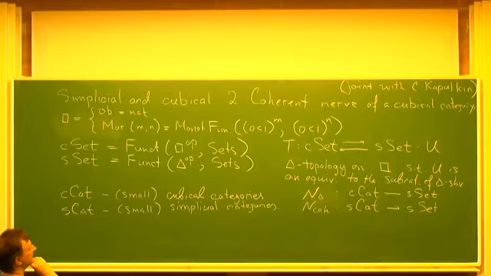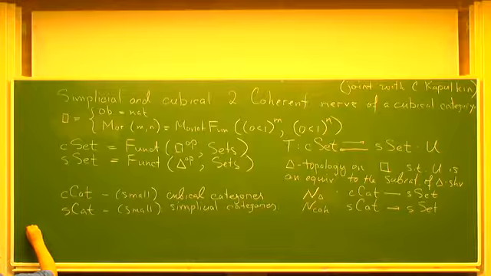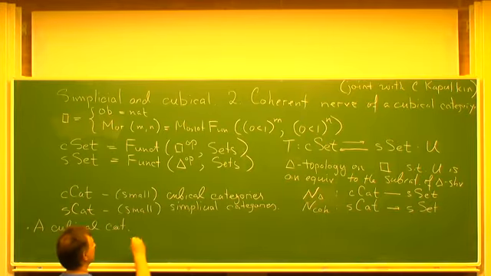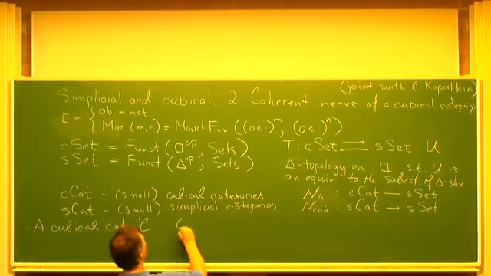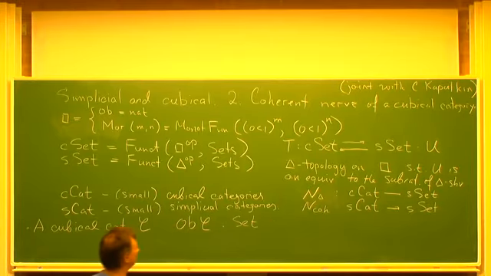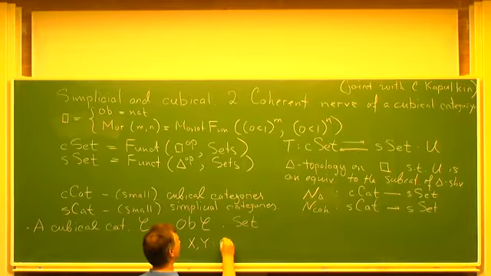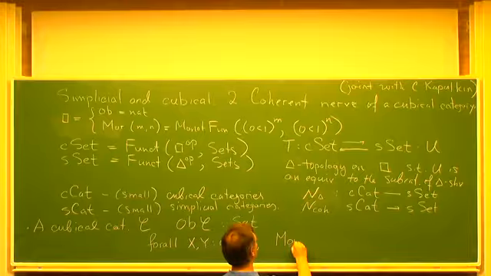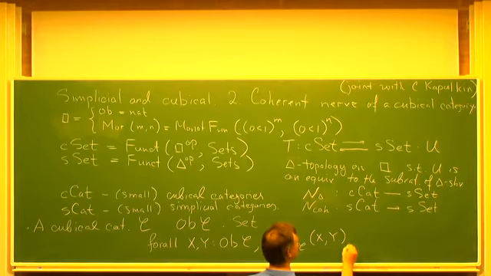So a cubical category is a contraption where one has C, which is a set, and then for all x, y in C, one has Mor(x, y), which is now a cubical set.